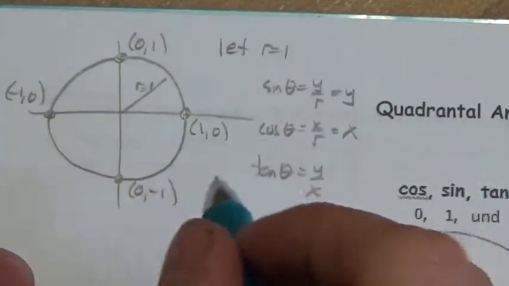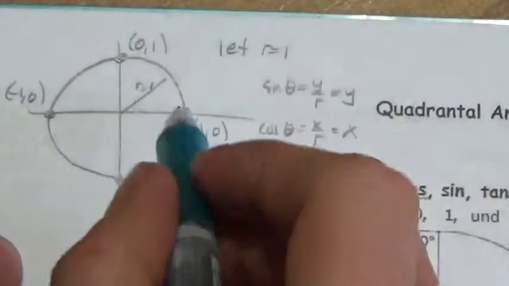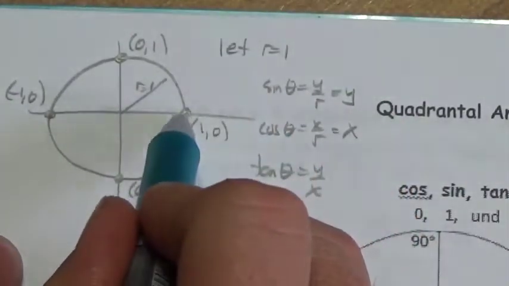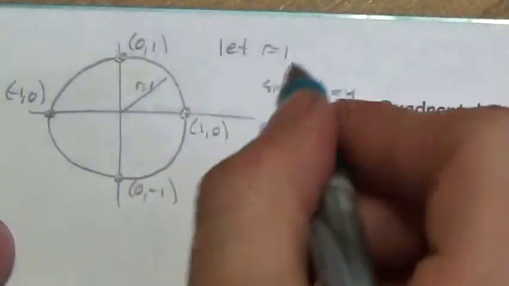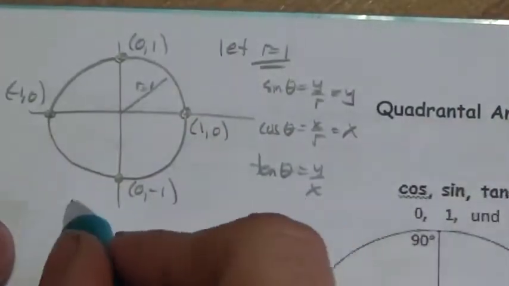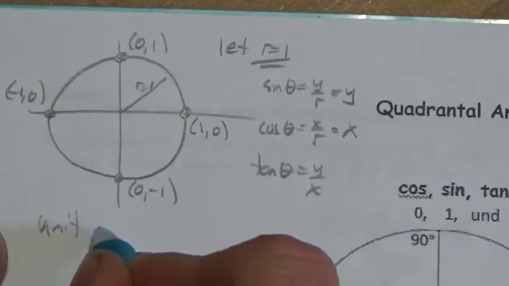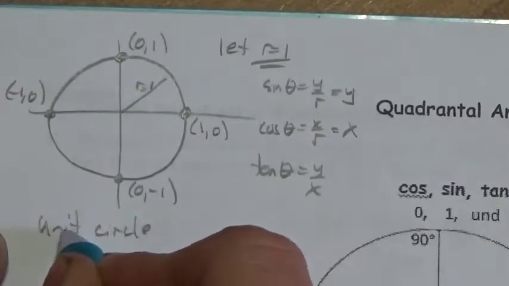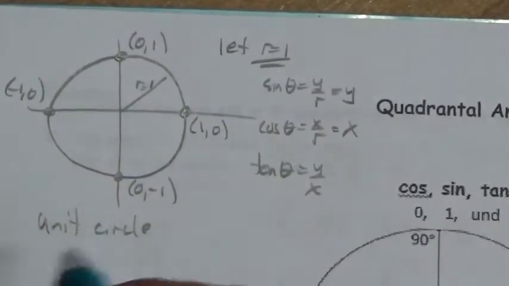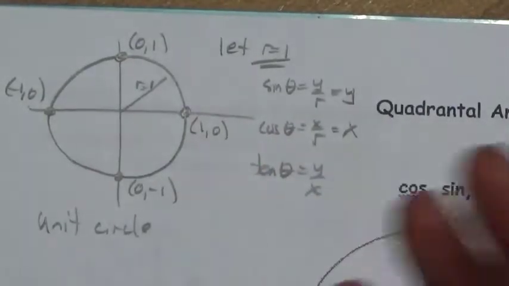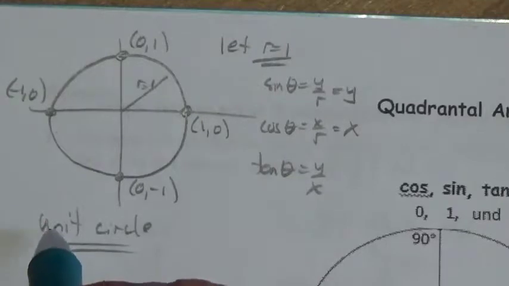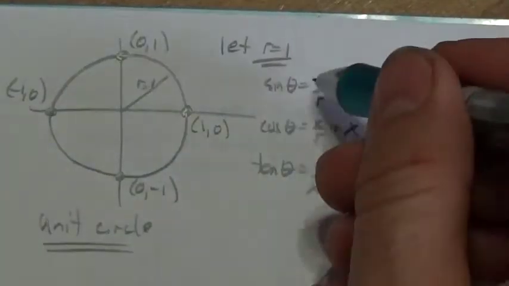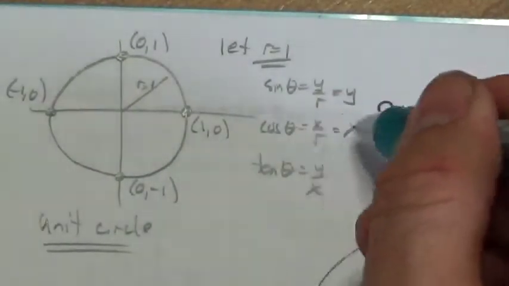And so what happens here is the sine of the angle becomes the y coordinate, the cosine of the angle becomes the x coordinate. Now that's only true when the radius is equal to 1, and we call that the unit circle, because the number 1 is called the unit. And so we're just describing this in terms of the radius of 1 circle. So sine is the y coordinate, cosine is the x coordinate.